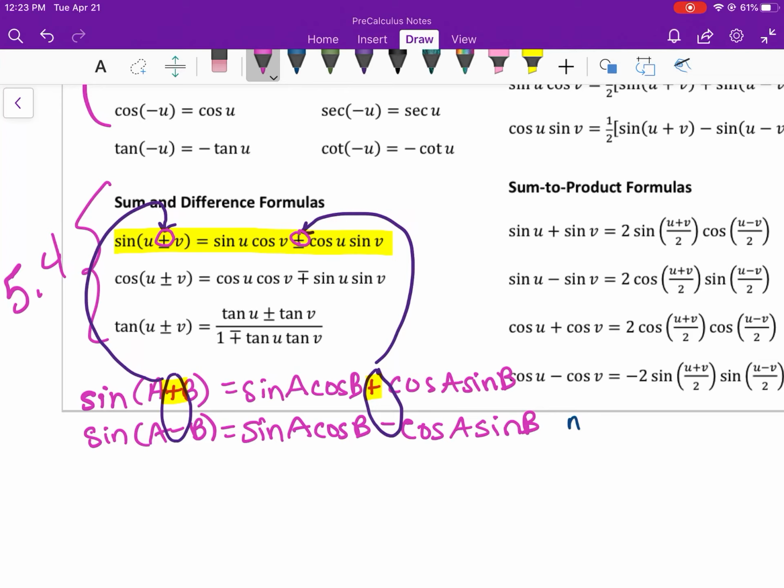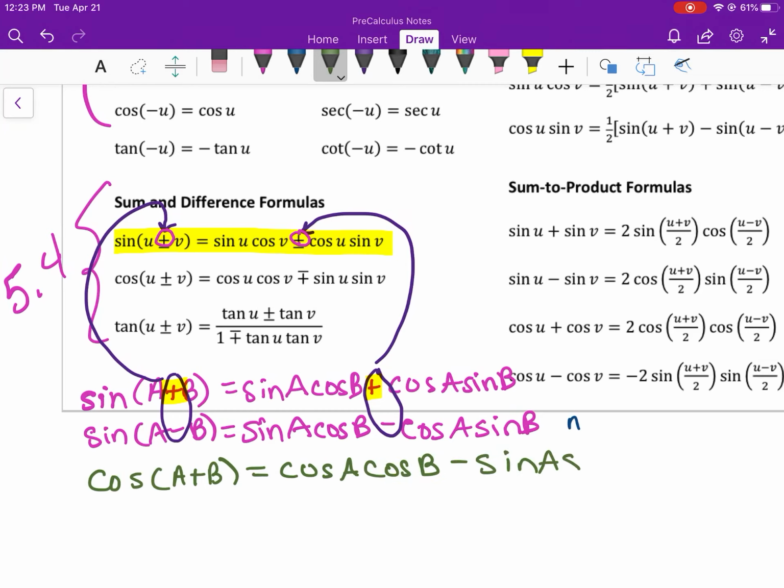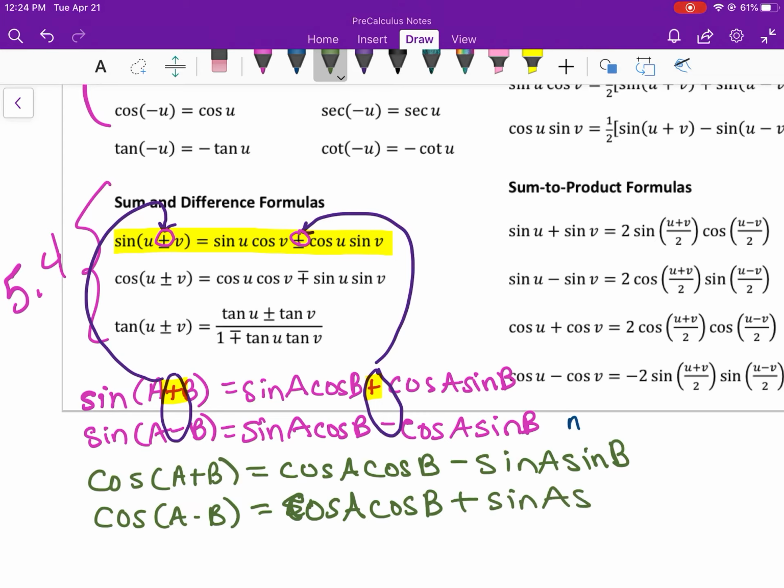If I were doing the cosine, on your notes we had cosine of A plus B is cosine A cosine B minus sine A sine B, and then cosine A minus B is cosine A cosine B plus sine A sine B. And if you take a look, these signs are upside down from each other.